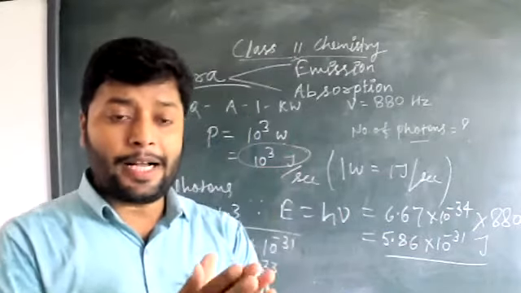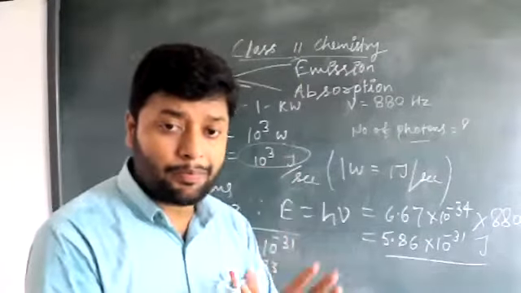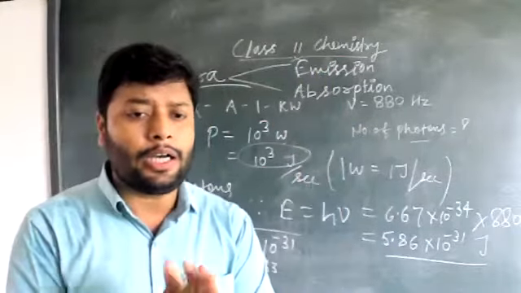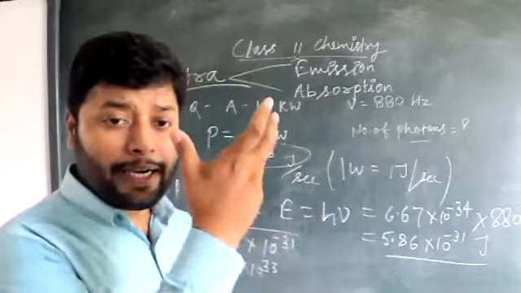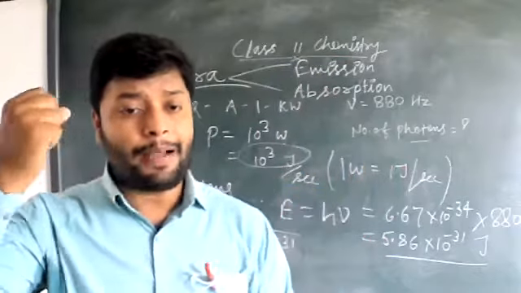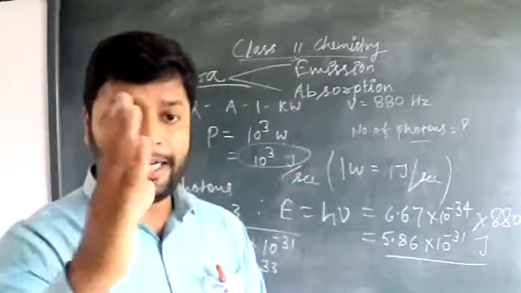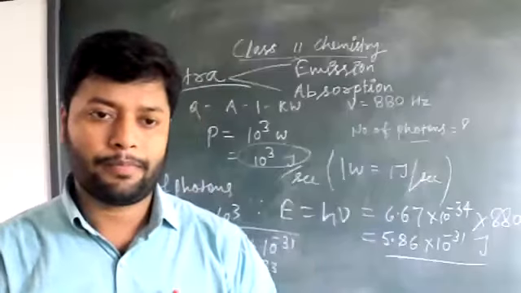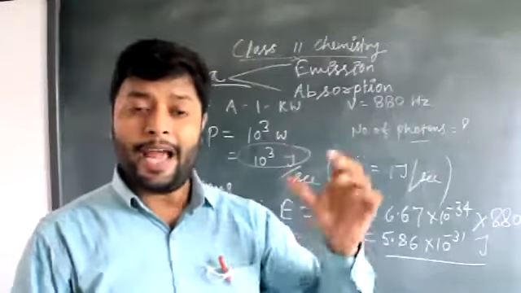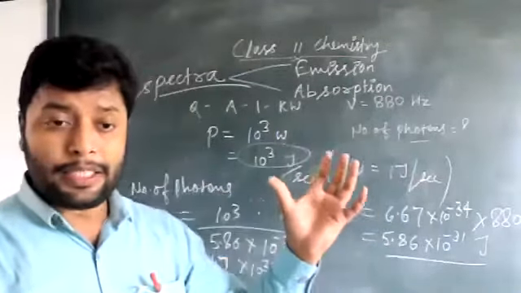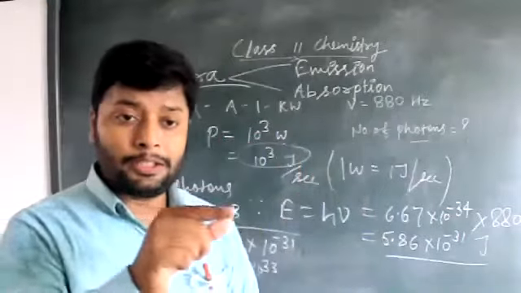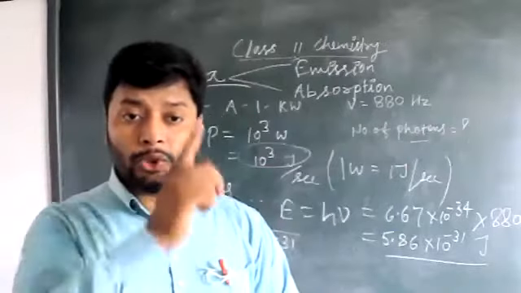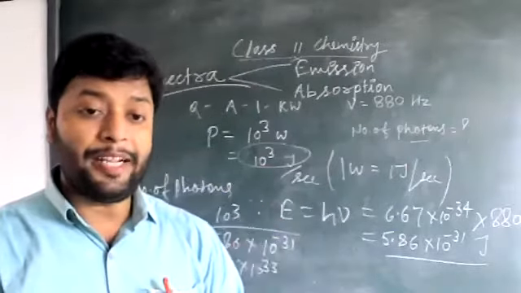You have to first learn the basic sense of these two different types of spectra, and that is very easy to learn. Emission means the radiation directly emitted from the source and obtained on the screen after passing through the prism. And in absorption, the radiation coming from the source first passes through the sample in between the source and prism.